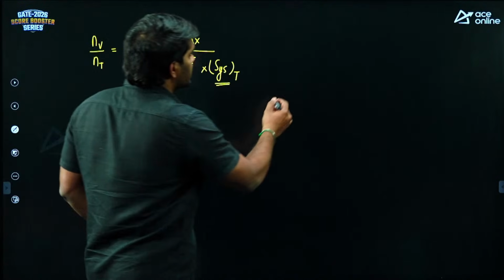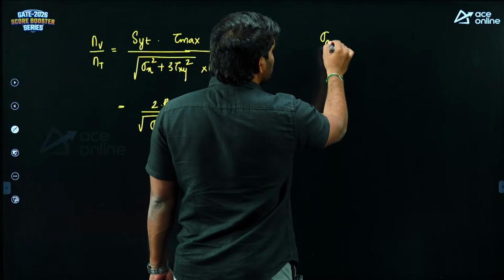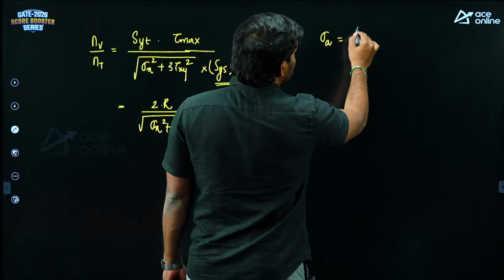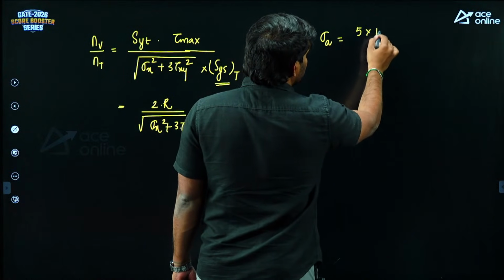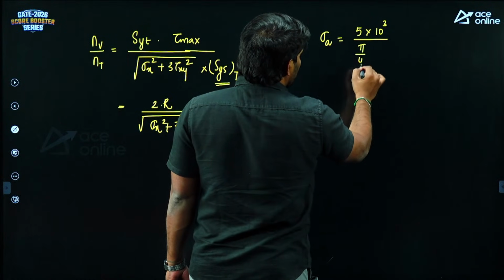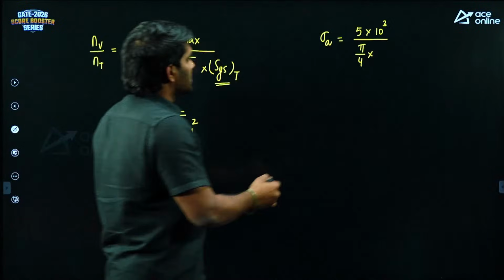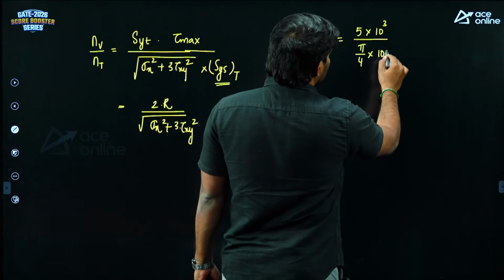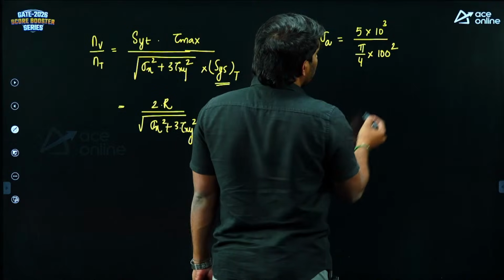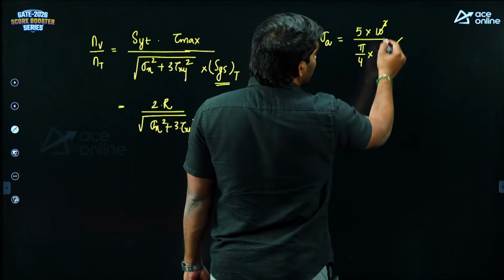Let's assume sigma axial is 5 kilonewton, that is 5 into 10 cube, divided by area, pi by 4 into d square. The diameter is given as 100, so 100 square. This is 10 power 4 and this is 10 power 3.